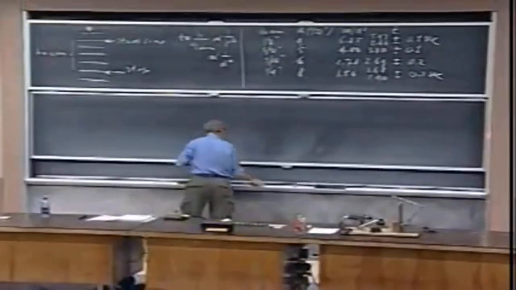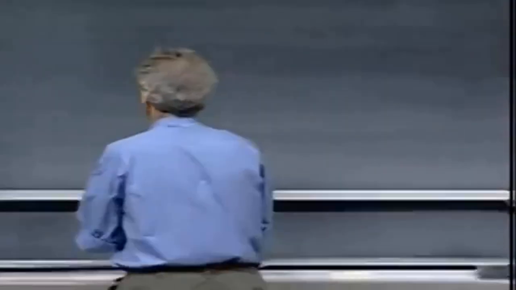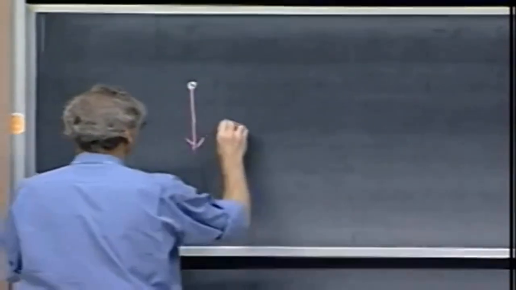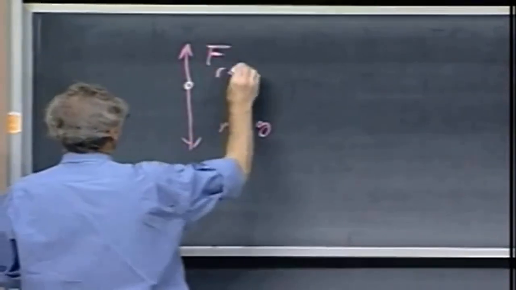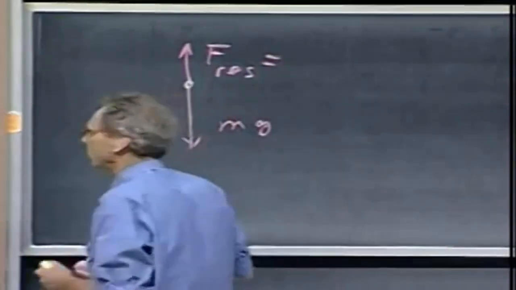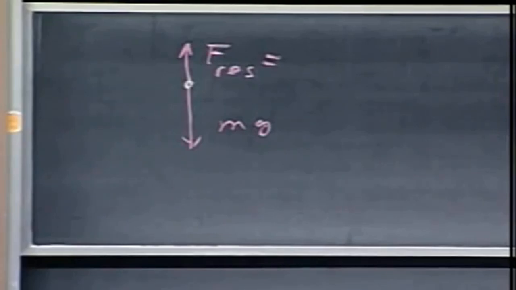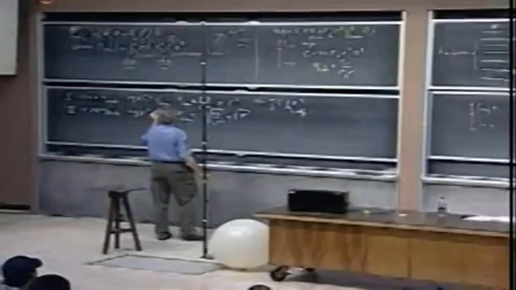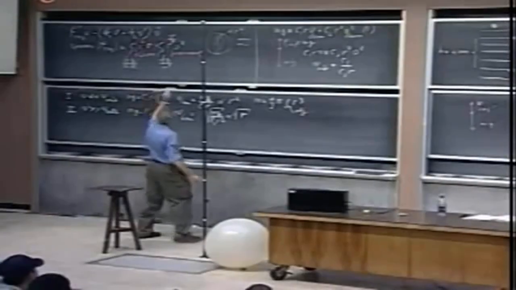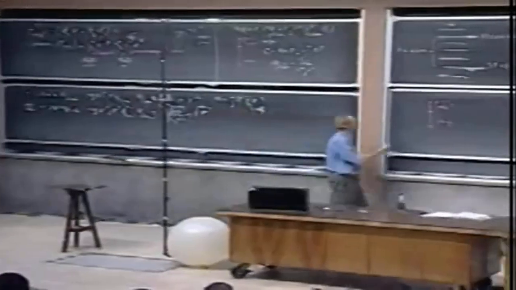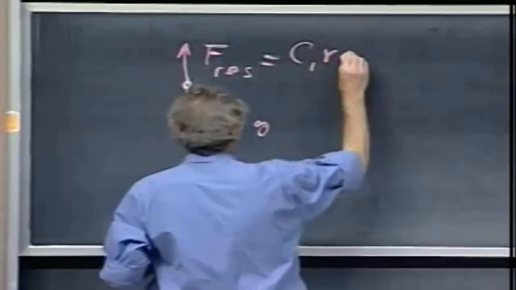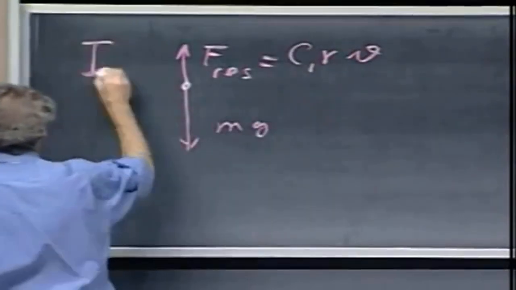Well, the object has a certain mass, so there is a gravitational force on it, mg, and then there is a resistive force, which, because we are operating in regime 1 exclusively, equals C1 R V in magnitude.